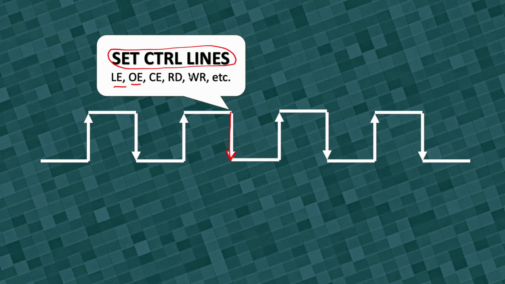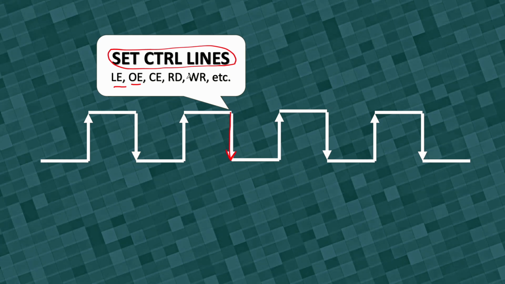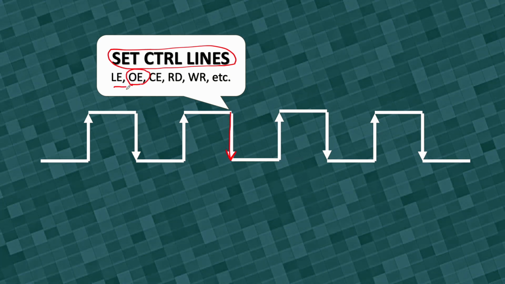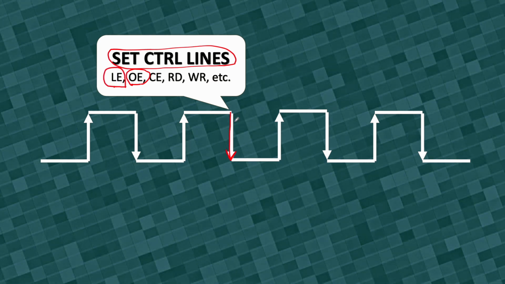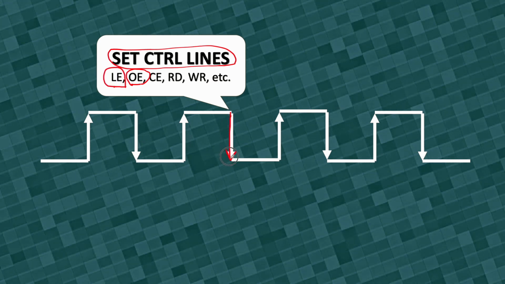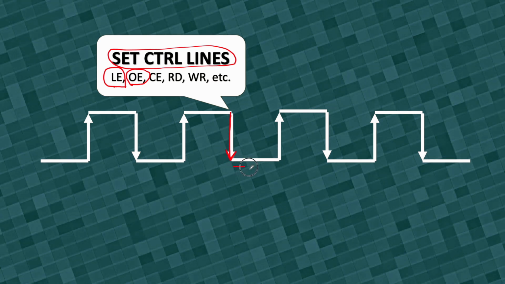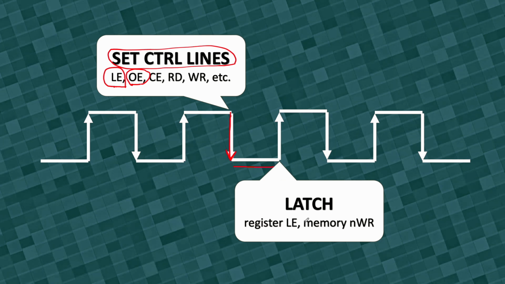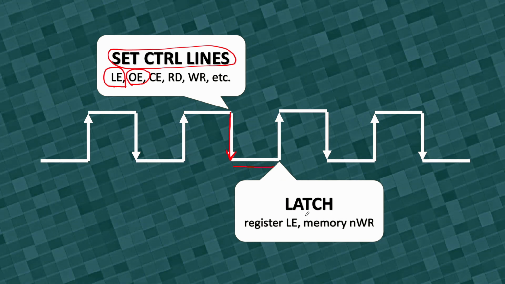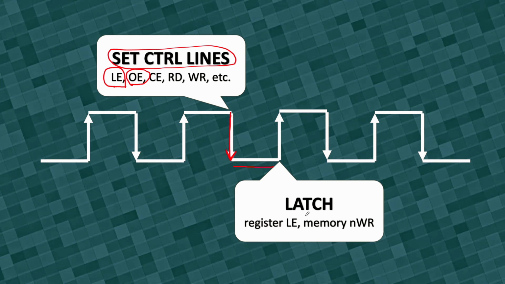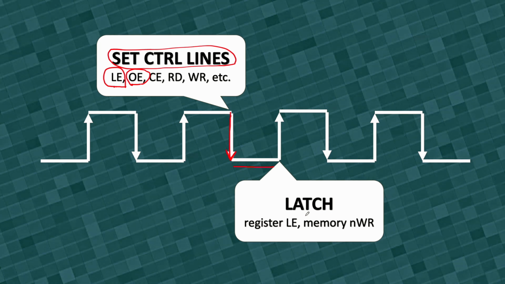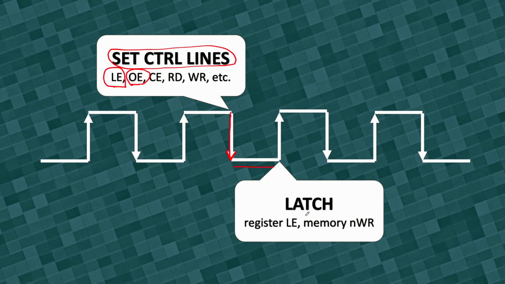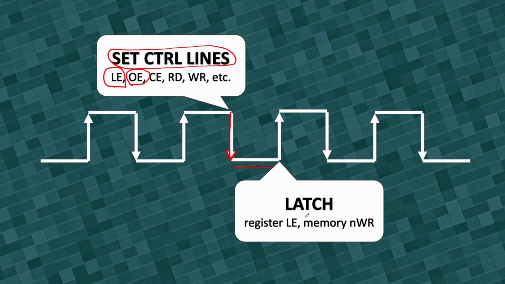So for instance, if you do A equals B, then you set output enable for B and load enable for A on this falling edge. You wait for everything to stabilize for half a clock cycle, and then on the rising edge of the clock, you actually latch the value that is being transferred from B to A, or you latch the result register of the ALU.